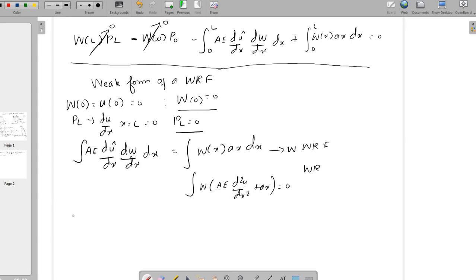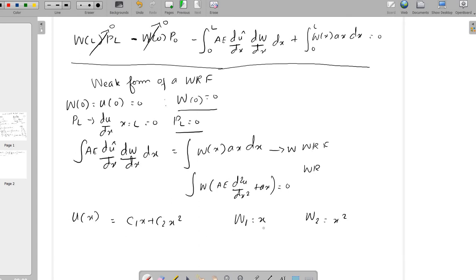So I am going to find the solution for this problem. Let us assume u of x is equal to c1x plus c2x square, where w1 is equal to x and w2 is equal to x square. That is weight function 1 and weight function 2.